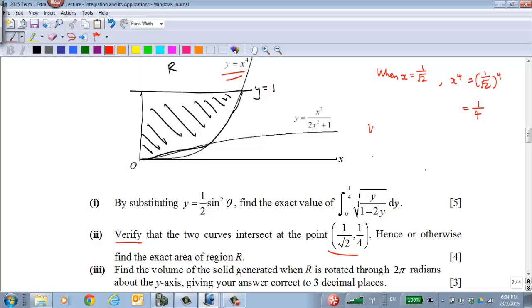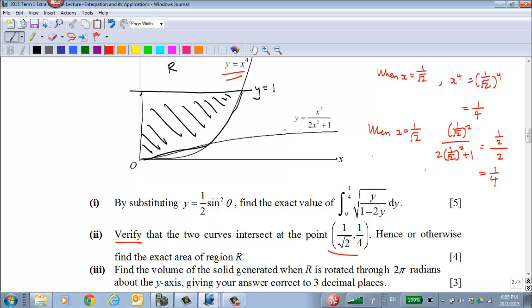I can also do this when x equals 1 over square root 2. I substitute it into this particular expression, giving you half over 2. This will give you 1/4 as well. Hence, it's on the second curve. And once you verify that it's on the first curve and on the second curve, this means that it is the intersection between the two curves.